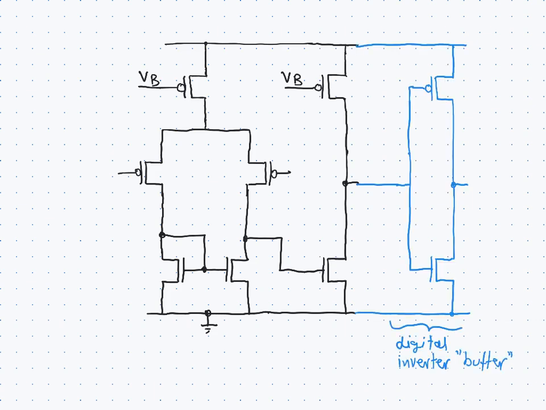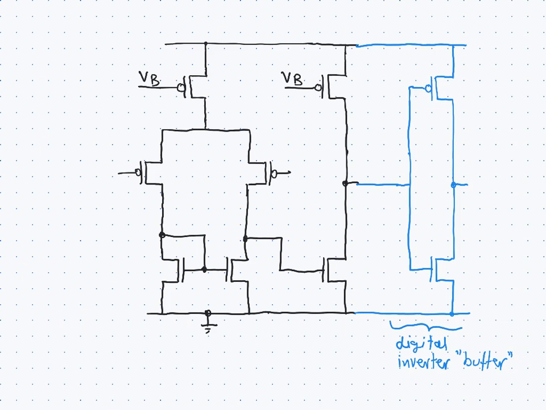Such a buffer stage would often be just a conventional digital inverter, and the advantage is that the load capacitance at the output would then be just a single inverter stage, and that would speed up the comparison process.